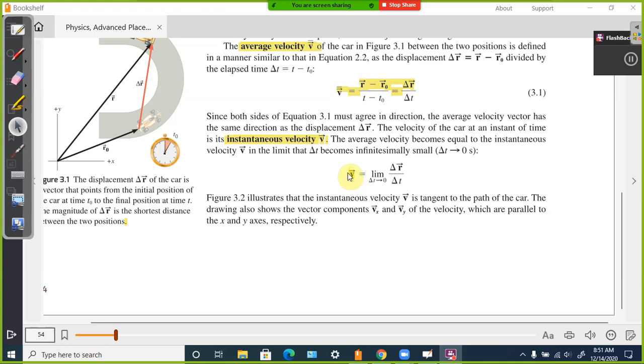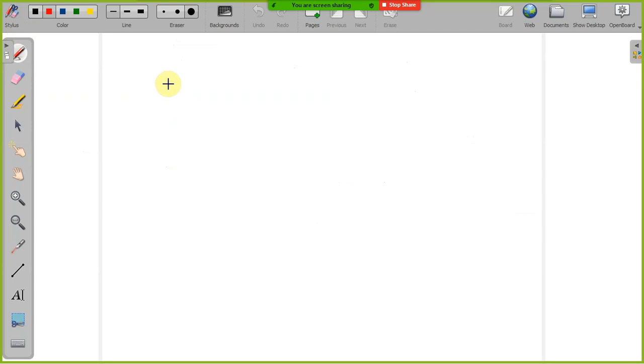One of the things that they don't really do a very good job of discussing here is that sometimes they're going to ask you for either the vertical or horizontal components of velocity.